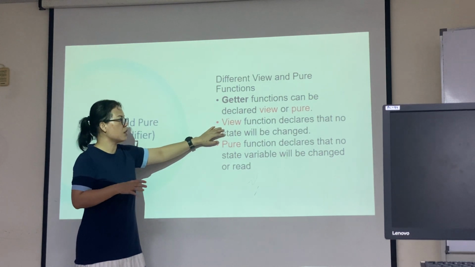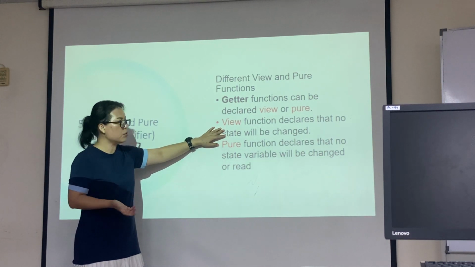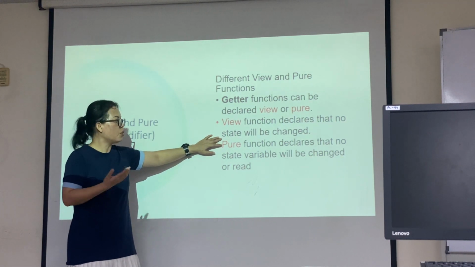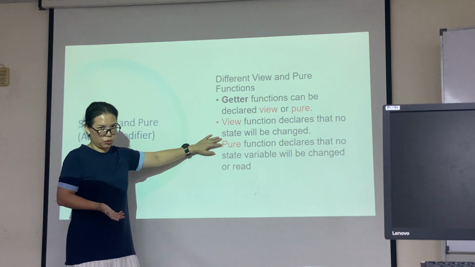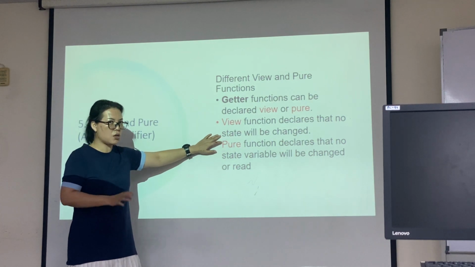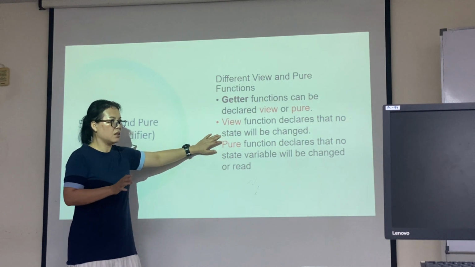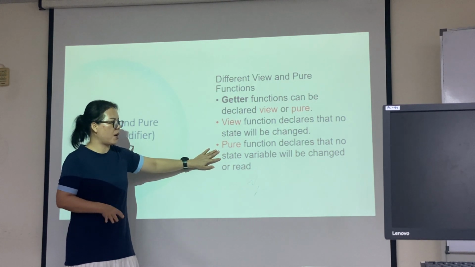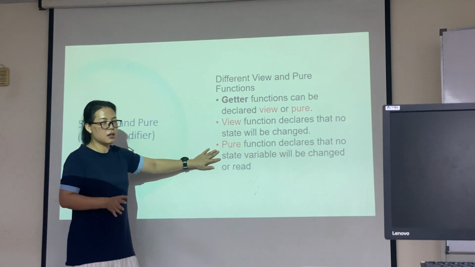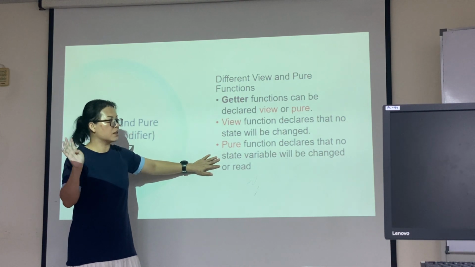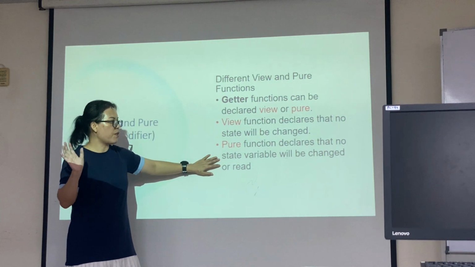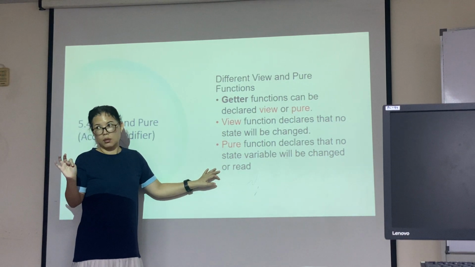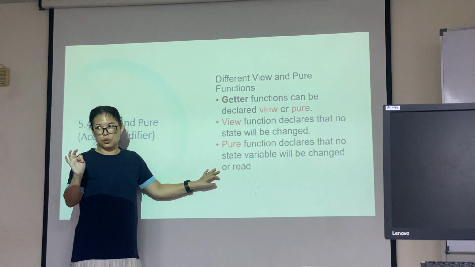If you are using a view function, as you know, it means that you are not going to change the state. No state will be changed; you are not able to change the state inside the state variable. If you have a pure function, it means that you cannot read the state. No state variable will be changed or read. Cannot read, cannot change.